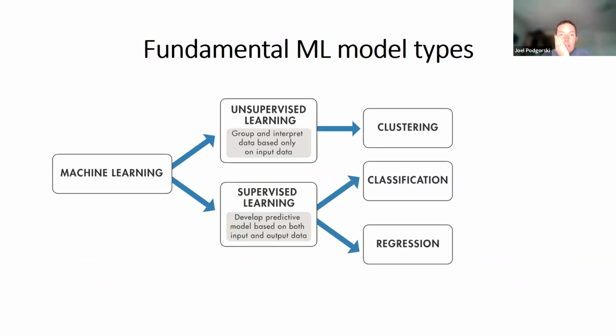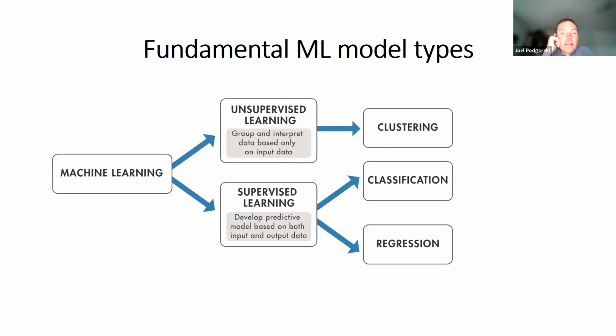Now we're going back a little bit to what sort of possibilities there are in machine learning modeling. Initially there's a split, and there are probably other ways of breaking this down, but this is one way anyway. There's a split between unsupervised and supervised learning.